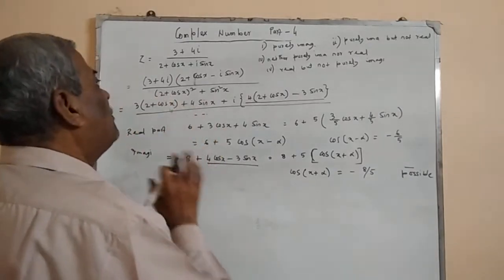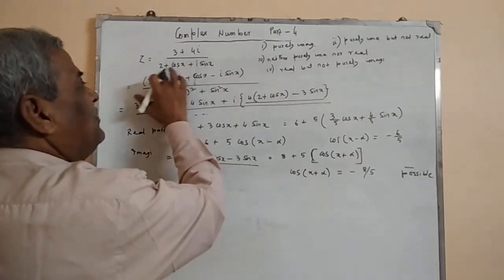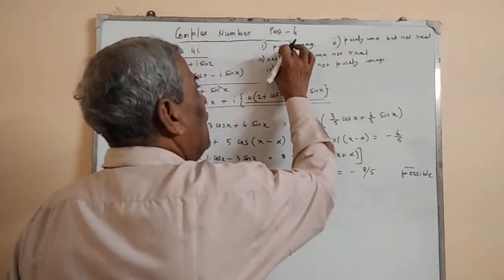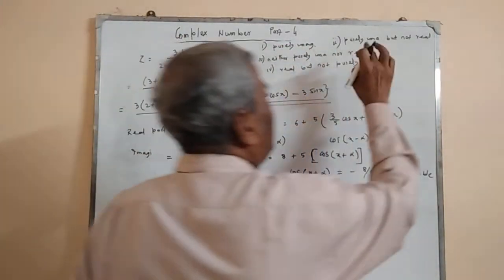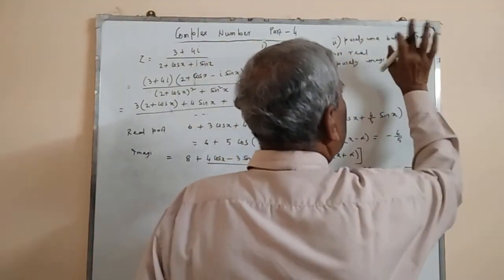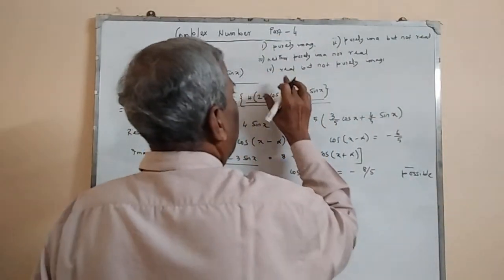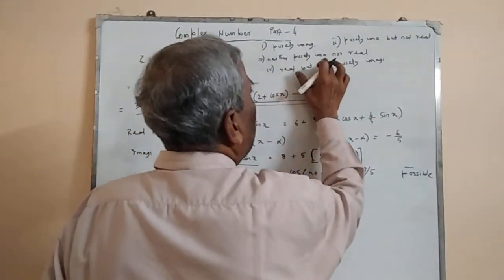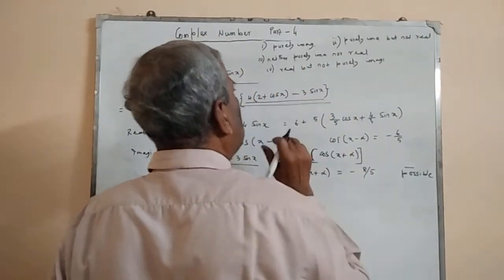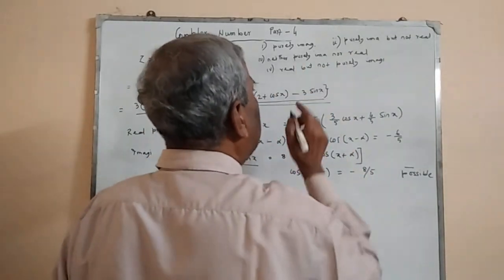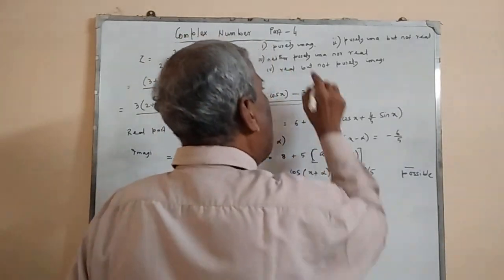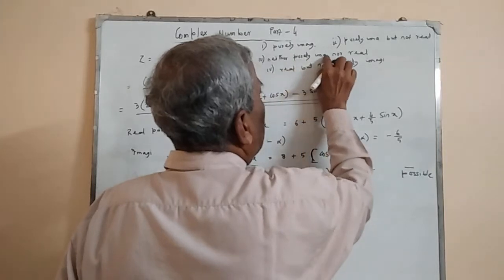So for any value of x given here, it cannot be purely imaginary. This one, purely imaginary, is not possible. Neither purely imaginary nor real is possible, because just now I have seen that it is not possible that it is absolutely real and not possible that it is purely imaginary.